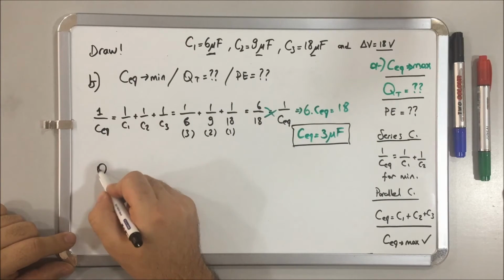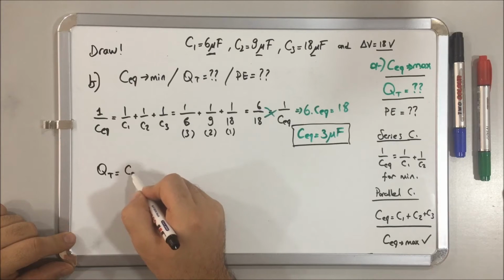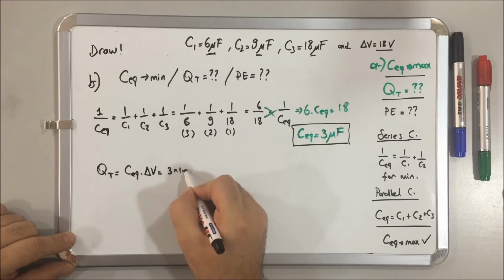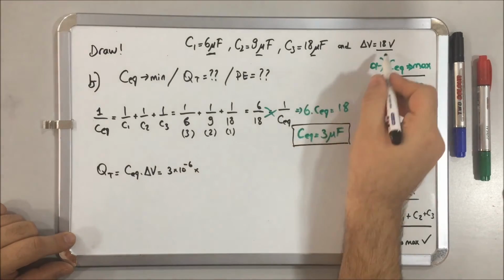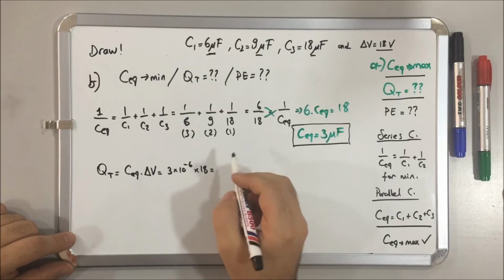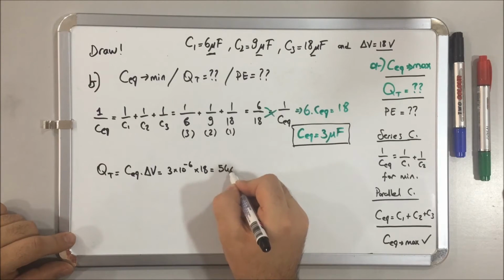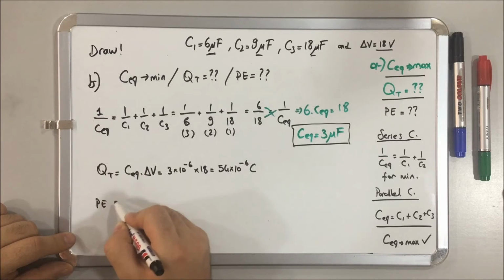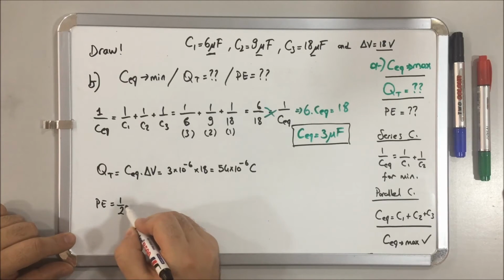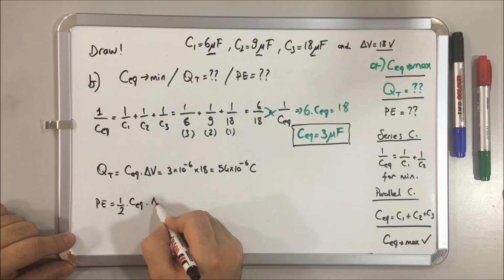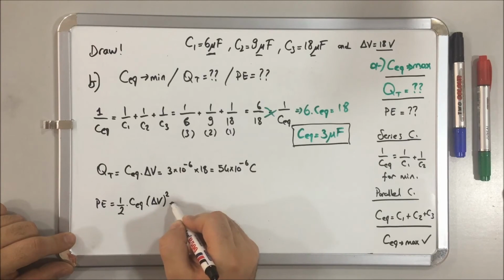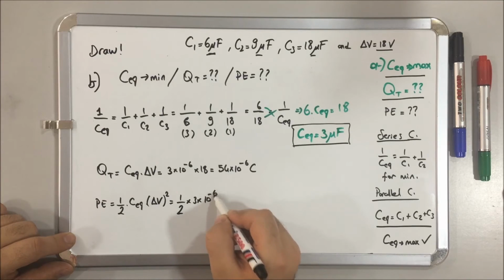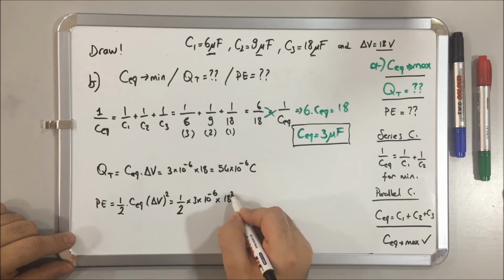And now let's calculate Q total. Q total is equal to C equivalent times delta V. C equivalent 3 times 10 to the power of minus 6 times delta V of 18 is equal to 54 times 10 to the power of minus 6 coulomb. And the potential energy, the stored energy, is equal to half times C equivalent times delta V squared, which is half times 3 times 10 to the power of minus 6 times 18 squared.